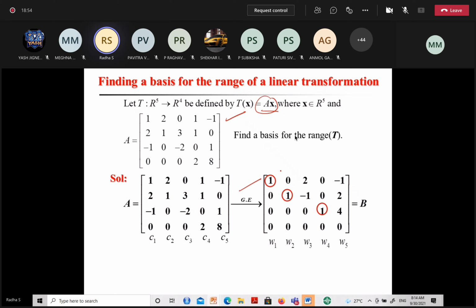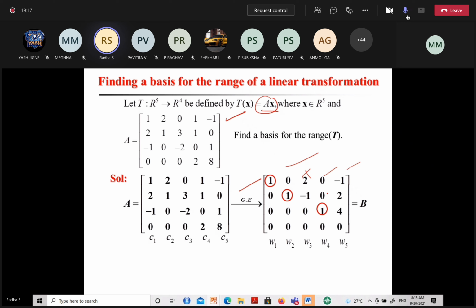So can you please see this and say, what is the column space spanned by? Column space is spanned by the first column, second column, and fourth column. Any other column? What about the third column? The third column is a linear combination of the first and second columns. What about the fifth column?